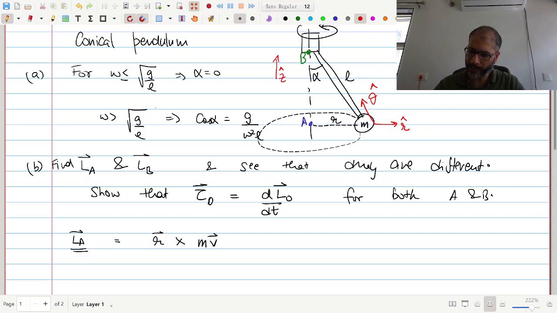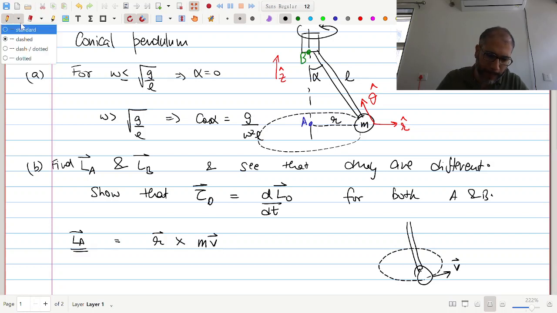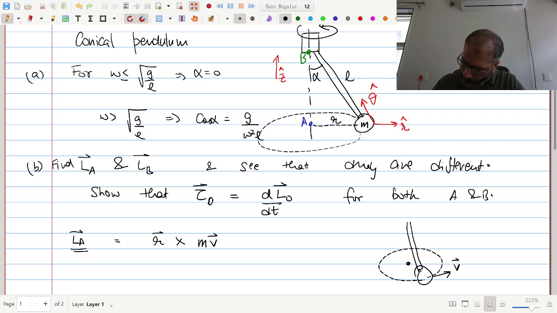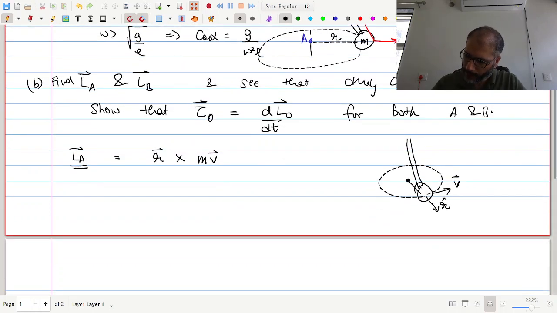So if you were looking at this from a different angle, and you could show that this was the direction of velocity and the center was somewhere here, we could see that r hat would look like this, and theta hat, which is the same as the direction of v, would look like this.